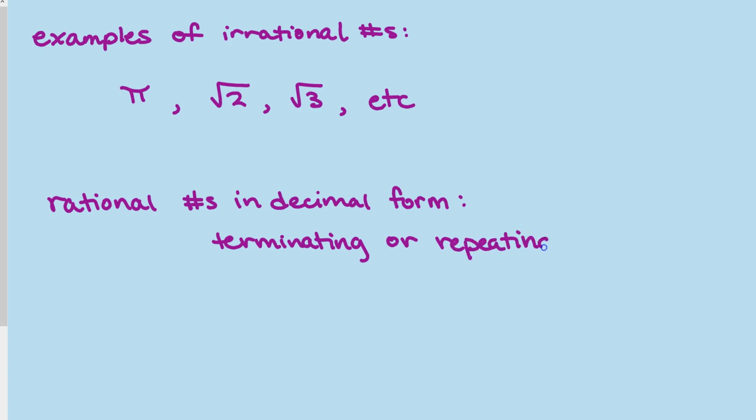Now, I know that in middle school you tend to work a lot more with decimal numbers than we do in high school, and so you want to kind of switch your brain into thinking about numbers in fraction form or rational form more so than decimal form.